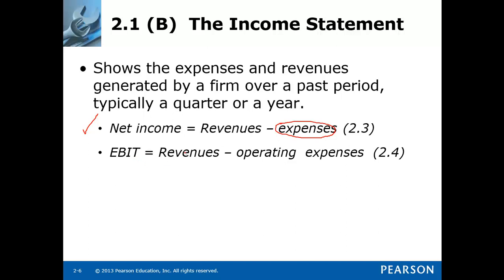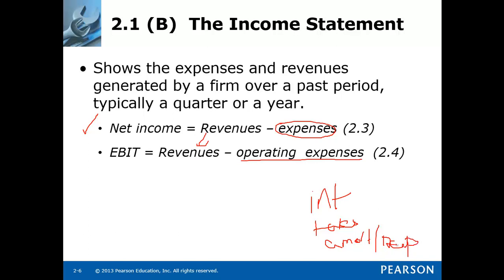EBIT is calculated by taking your revenue number and only subtracting out your operating expenses. Your operating expenses are the expenses directly related to running the company. They do not include your interest on your debt, do not include any taxes paid, and normally would not include any amortization or depreciation.